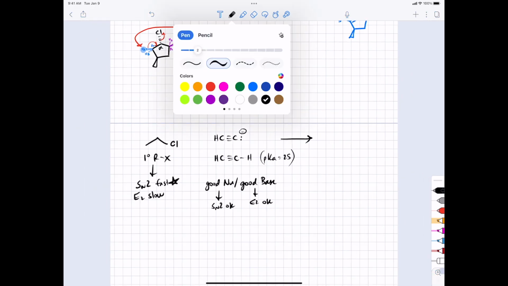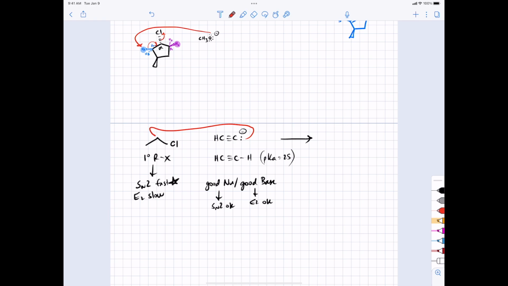We would show that by having the nucleophile attack from the backside and the leaving group leave to give us the following product, where we've made a new carbon-carbon bond between the alpha carbon of our alkyl halide and the negatively charged carbon of our alkyne.